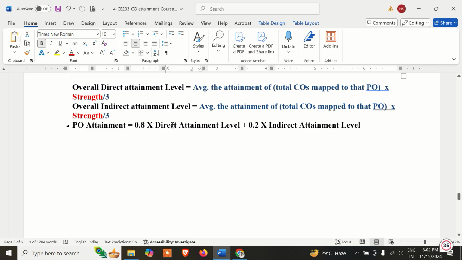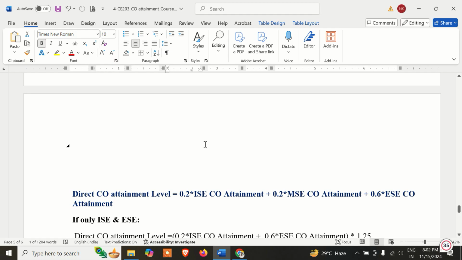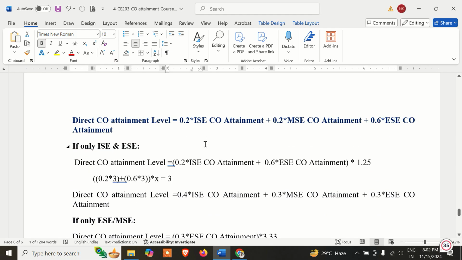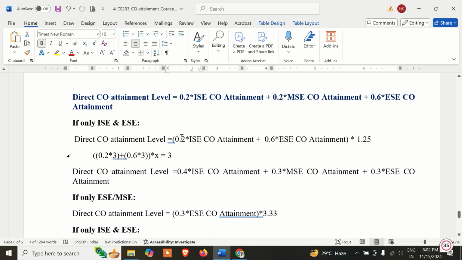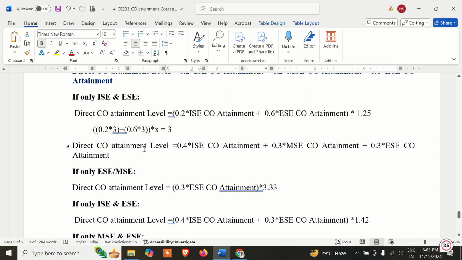Similarly, for indirect attainment, if we are using PO attainment of direct and indirect, it is 80% of direct and 20% of the indirect. That is our OBE assessment.